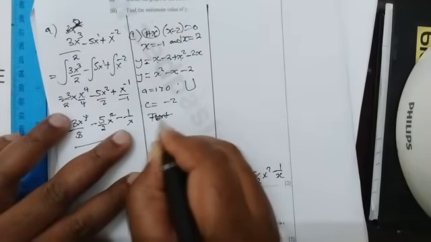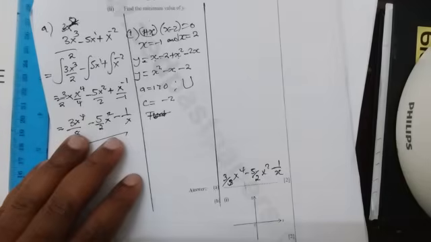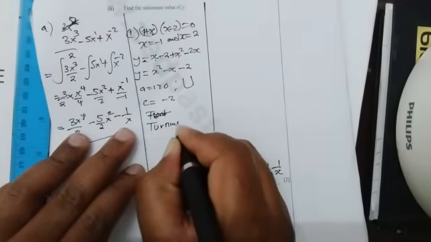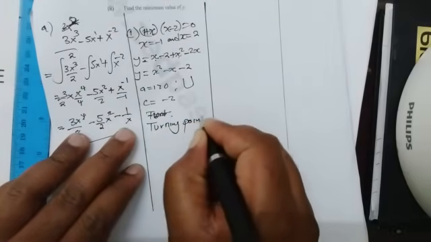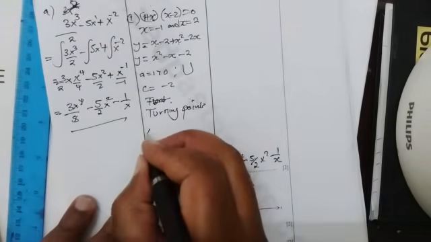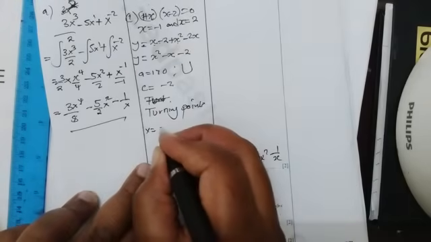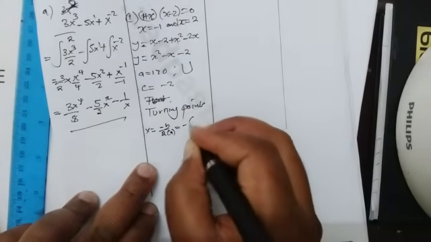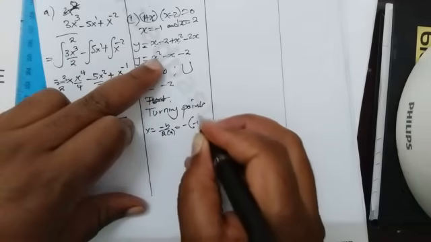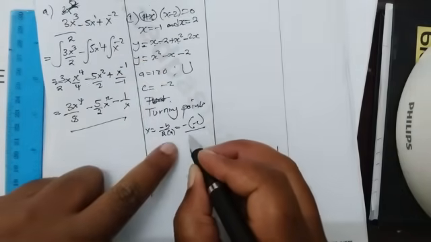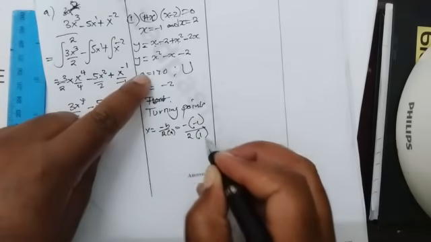What we call turning points. We get the turning points. Right? So we are going to say the turning point of x is negative b over 2a, which is negative, what is our b? Negative 1 over 2, what is our a? 1. Right?